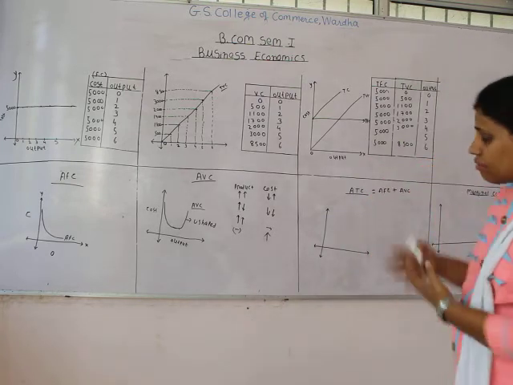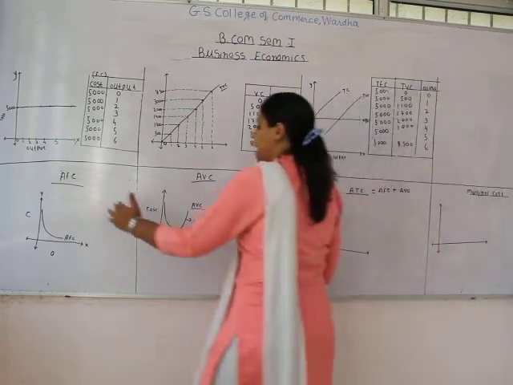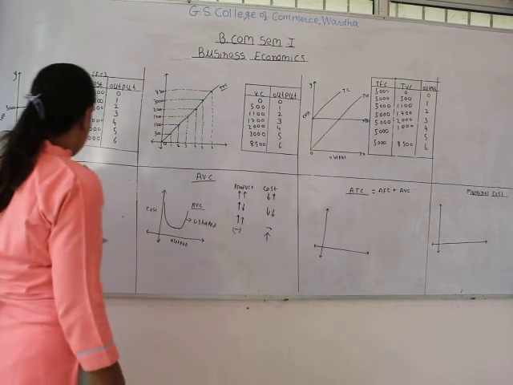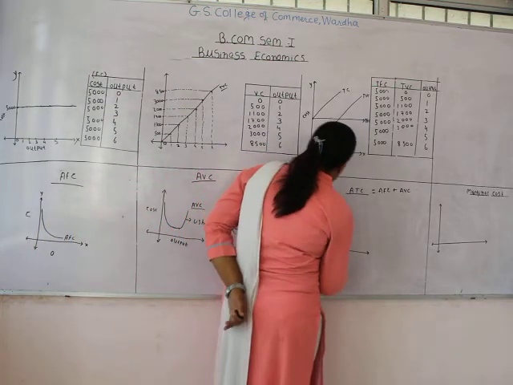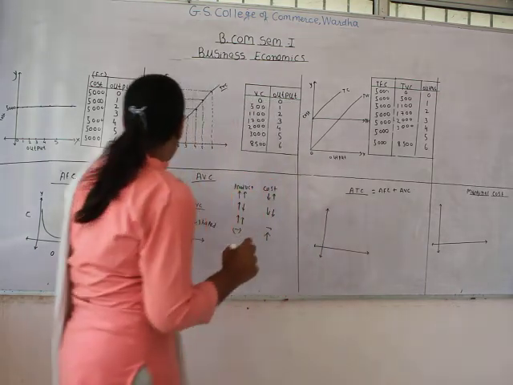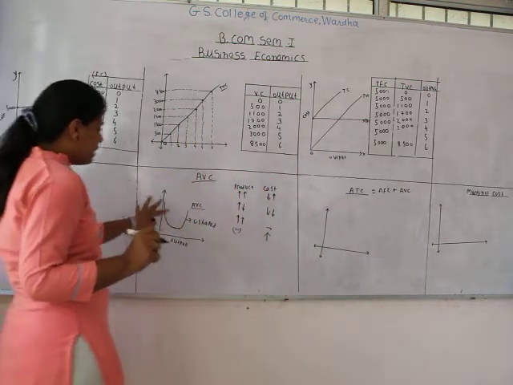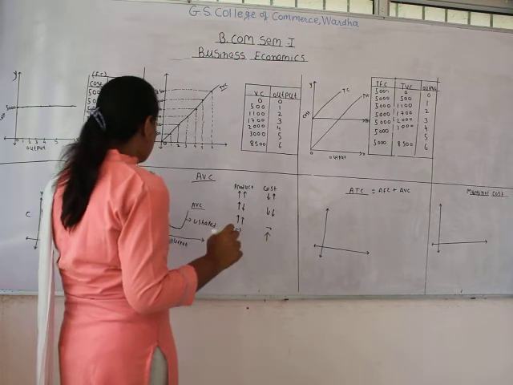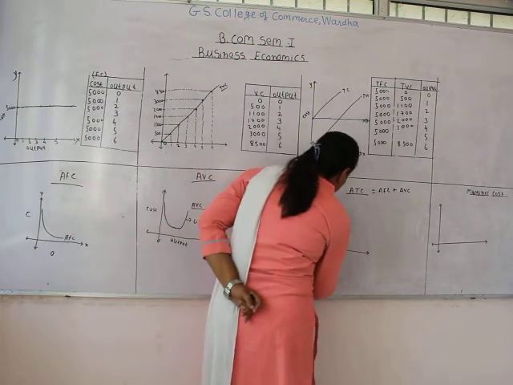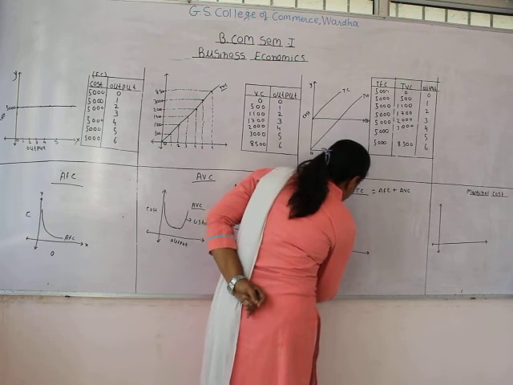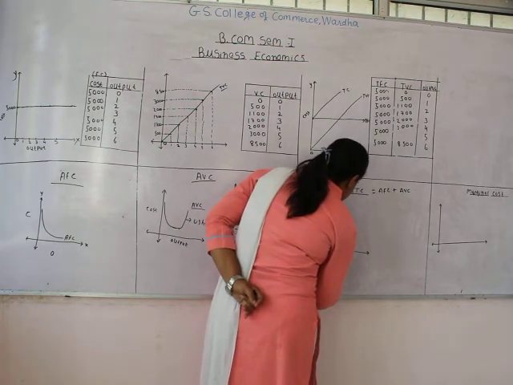Here we can see that the average fixed cost and the average variable cost both decline at the initial level of output. So the average total cost will also show a decline at the initial level.